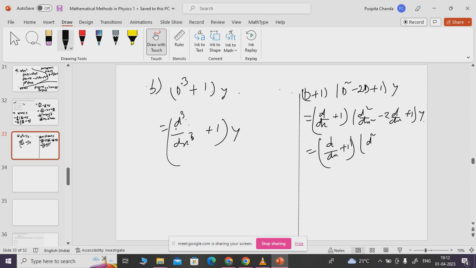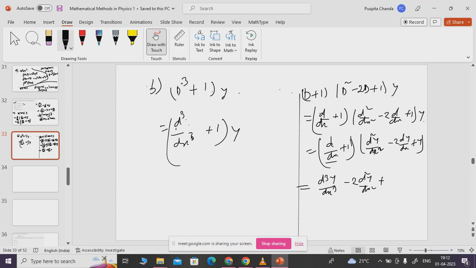So first we will operate D square minus 2D plus 1 on y. This will become d2y by dx square minus 2 into dy by dx plus y.